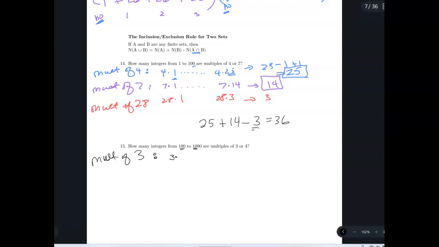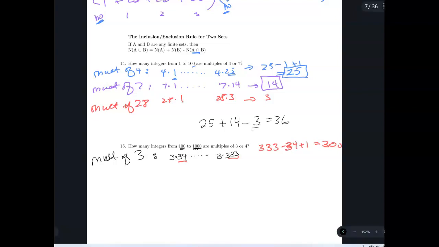So I know we're going to do 3 times 34 all the way up to, and I know 3 times 333 is 999. So I'll stop there. So I'm going to take these two numbers, right? So I'm going to take 333, subtract 34, and add 1. And that gives me 300.